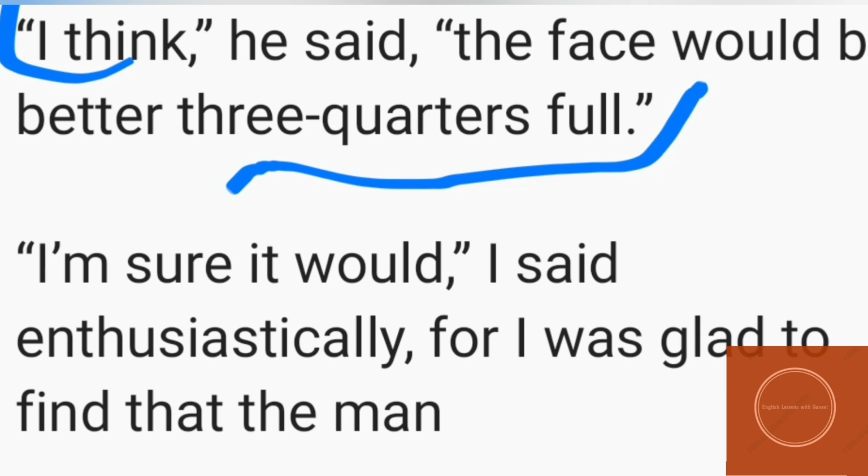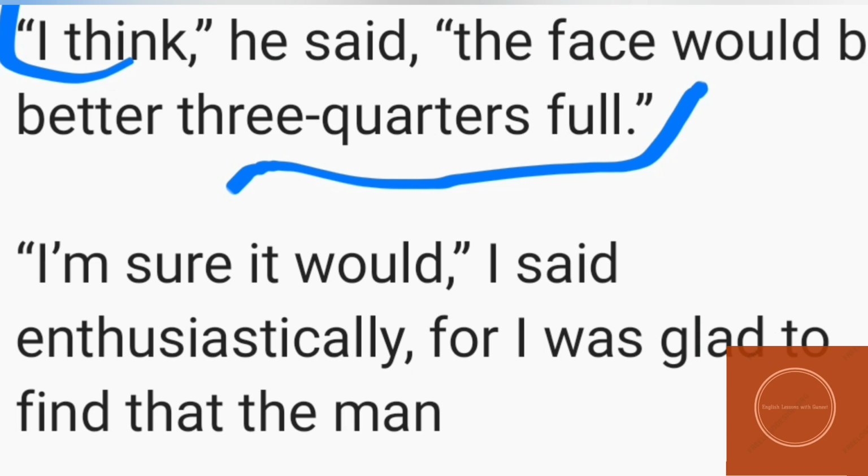I'm sure it would, I said enthusiastically, for I was glad to find the man had such a human side to him. Now the person takes it in a positive way. If somebody says to you that the photograph would have been good if this thing had been there in you, the person can have two perspectives. The first is to take it negatively: who is this person who is trying to mend me?